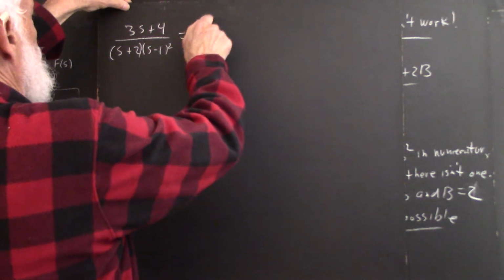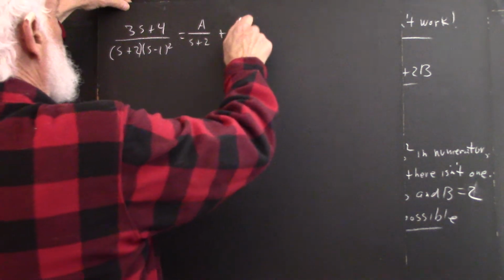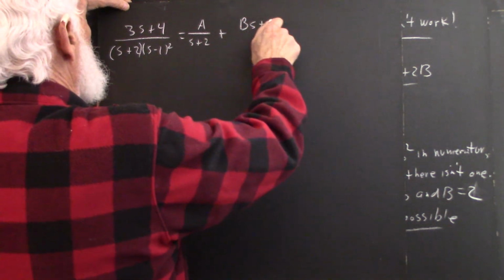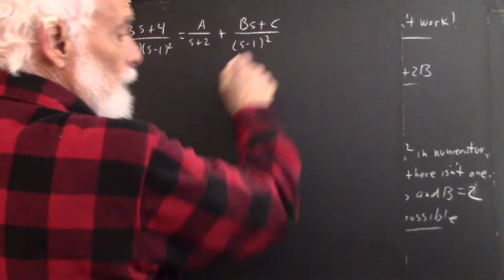Okay, we'll let that equal A over S plus 2 plus, now it's going to be a BS plus C over S minus 1 quantity squared.